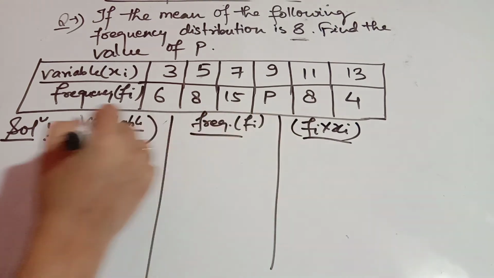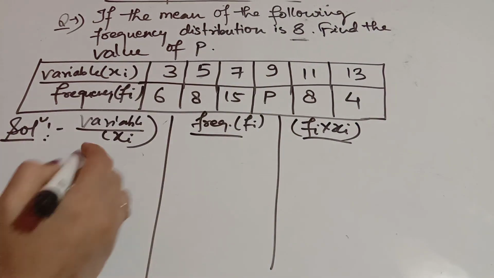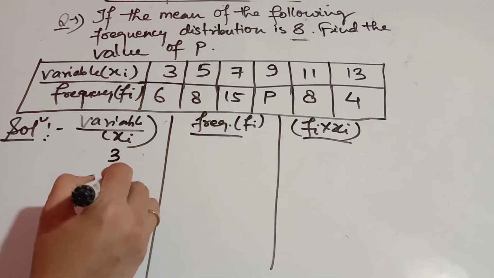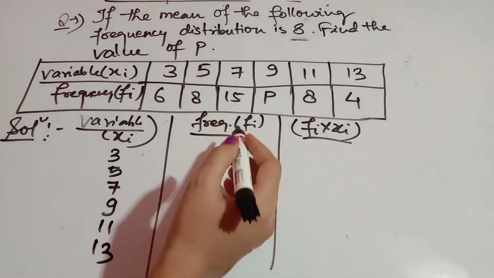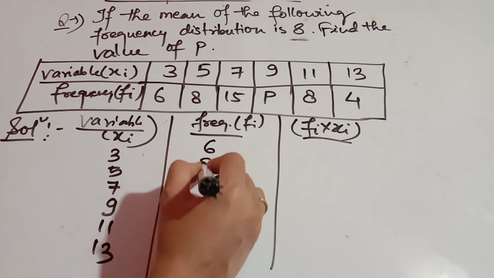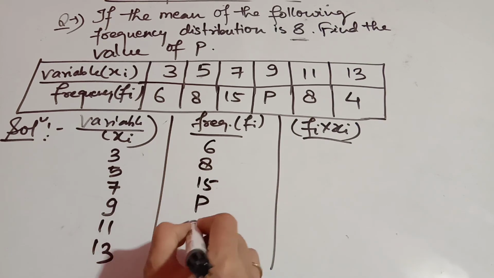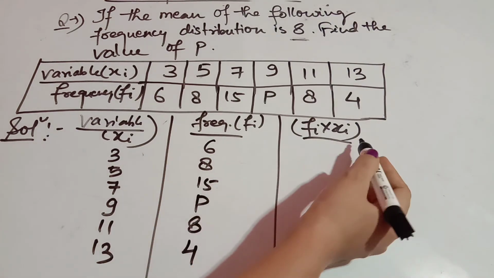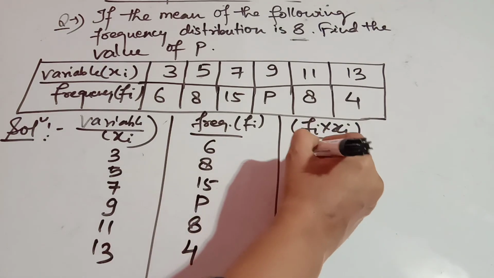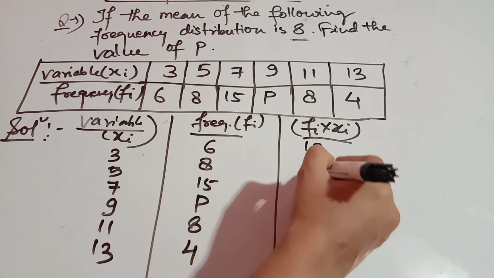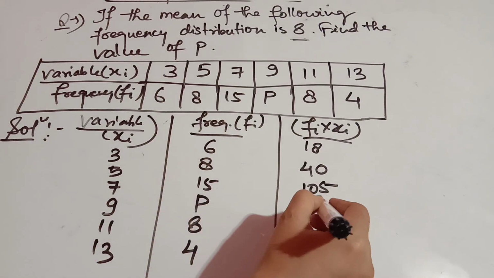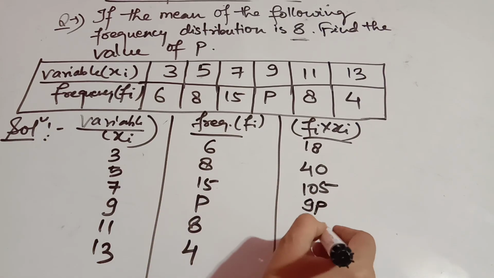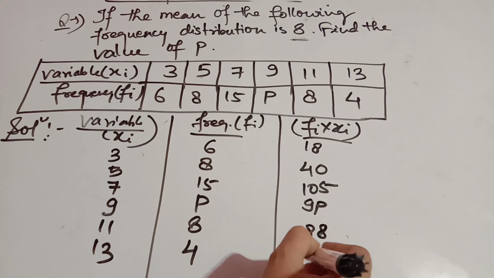Write down all the values of the variable: 3, 5, 7, 9, 11, 13. Then the respective frequencies: 6, 8, 15, p, 8, 4. Fi into xi: 6 into 3 is 18, 40, 105, then 9p, then 88 and 52.